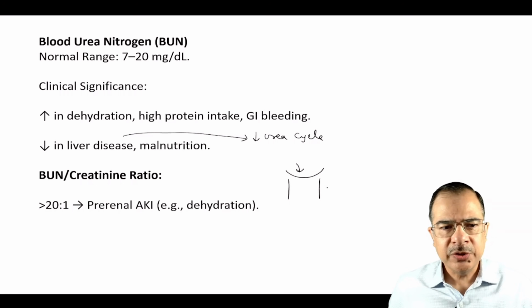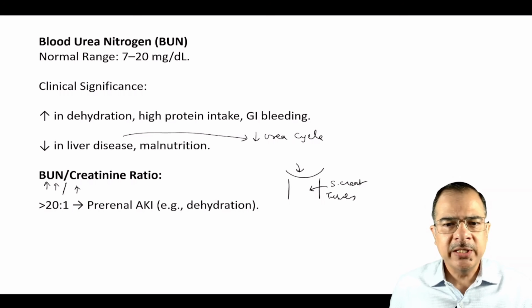So the serum creatinine can be excreted by tubules normally. Blood urea nitrogen will be increased, but creatinine level will not be that increased because some part of the serum creatinine is excreted by the tubules into the urine. So the serum creatinine will not increase to the same extent as blood urea nitrogen. So this will be more than 20:1.